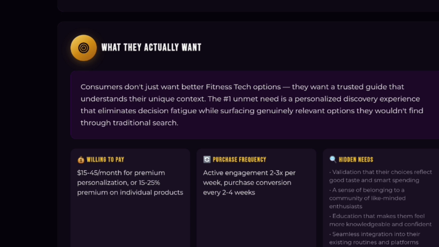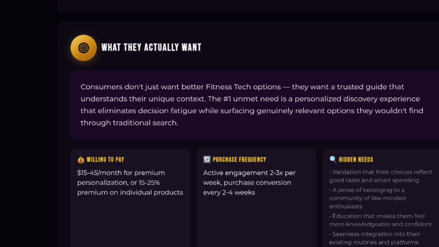And then looking at the consumers and what they actually want, so looking at what the search engine is showing, as well as what people are saying and needing. Customers don't just want better fitness tech options, they want a trusted guide that understands their unique context. The number one unmet need is a personalized discovery experience that eliminates decision fatigue while surfacing genuinely relevant options that they wouldn't find through traditional search.